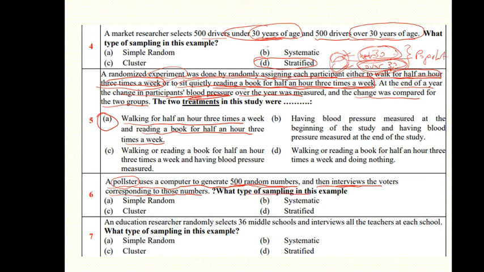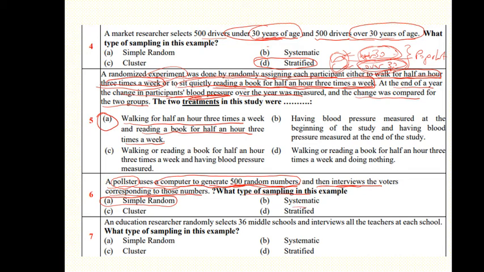The important thing here is how he chooses the numbers. The numbers are chosen by computer, and it's totally random. So we say this is simple random sampling. If the information gave something like every 1,000th or every 10,000th person from the population, we would say it is systematic.